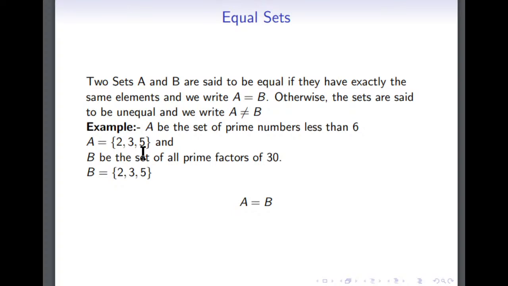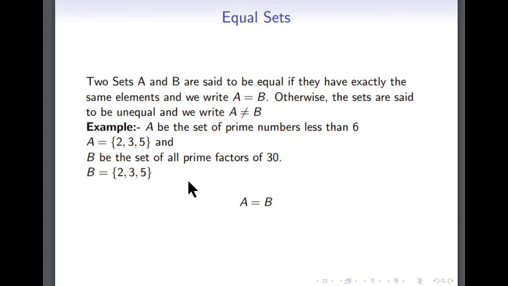Then I have another set B. It says B is the set of all prime factors of 30. First of all, let us check what are the factors of 30. 1, 2, 3, 5, 6 and 30. But out of these factors, which factors are prime? 2, 3 and 5 are prime factors of 30, but 1, 6 and 30 are not prime factors.